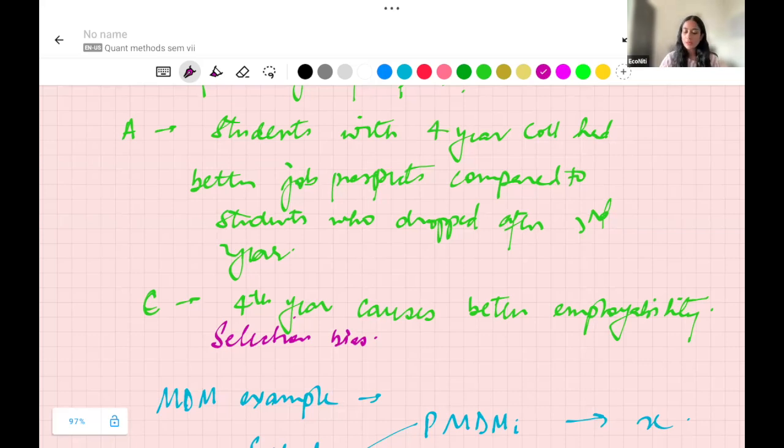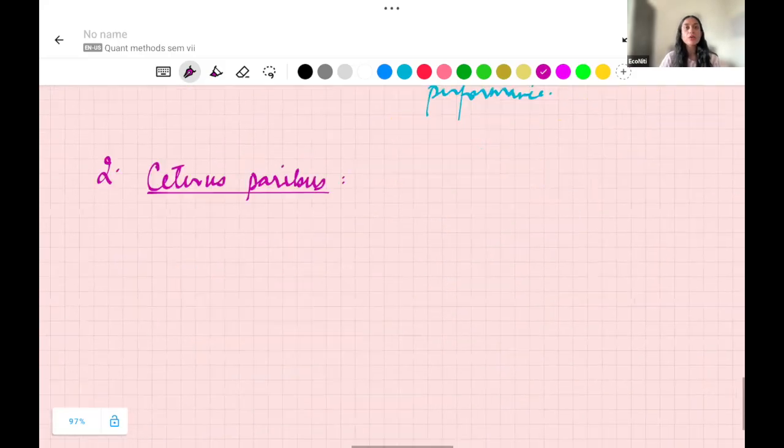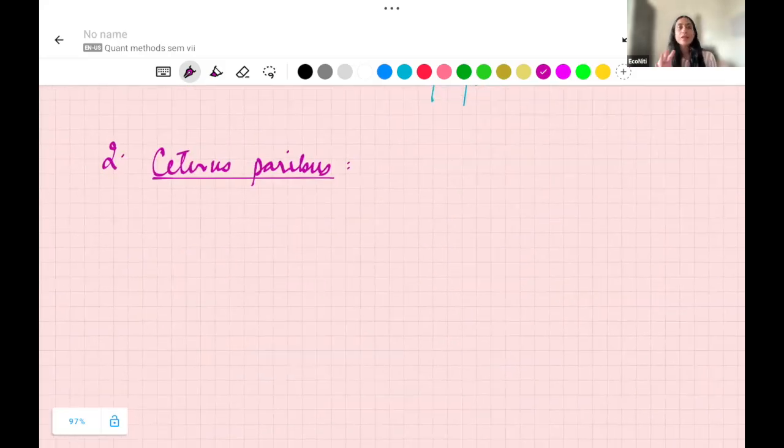It will still not be perfect, but suppose अगर हम कर भी दें, so then what we are saying is पहले बच्चे 3 साल ही कॉलेज करते थे, अब बच्चे 4 साल कॉलेज करते हैं. तो अगर इन बच्चों का एम्प्लॉयबिलिटी इंप्रूव हुआ है, right, everything else remaining the same, ceteris paribus, then we can claim that 4th year causes an increment in employability. Okay?